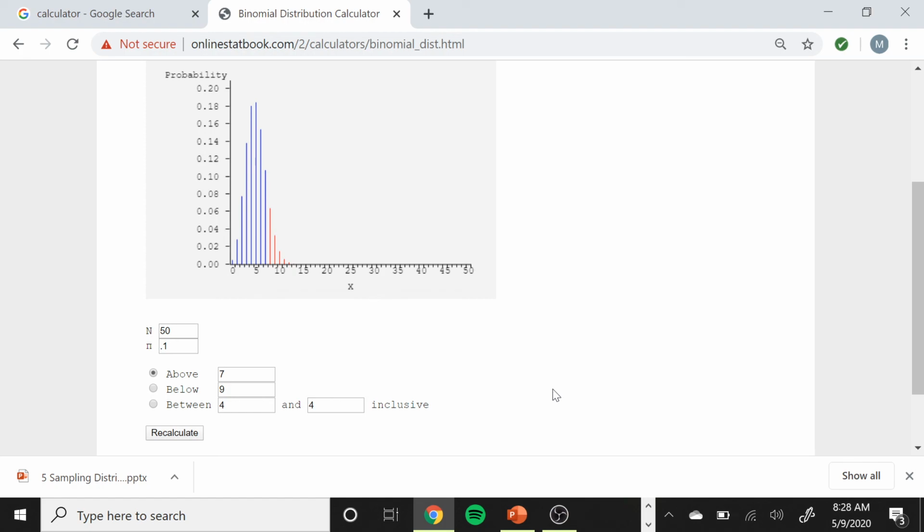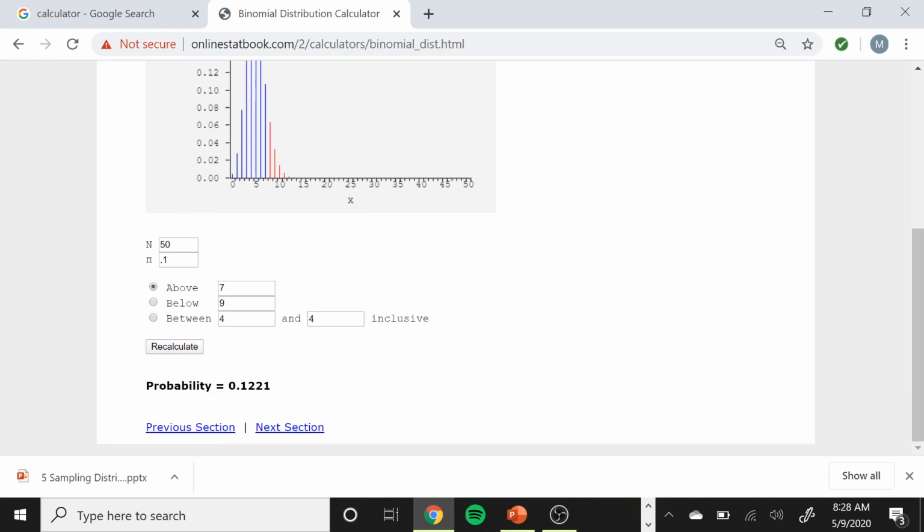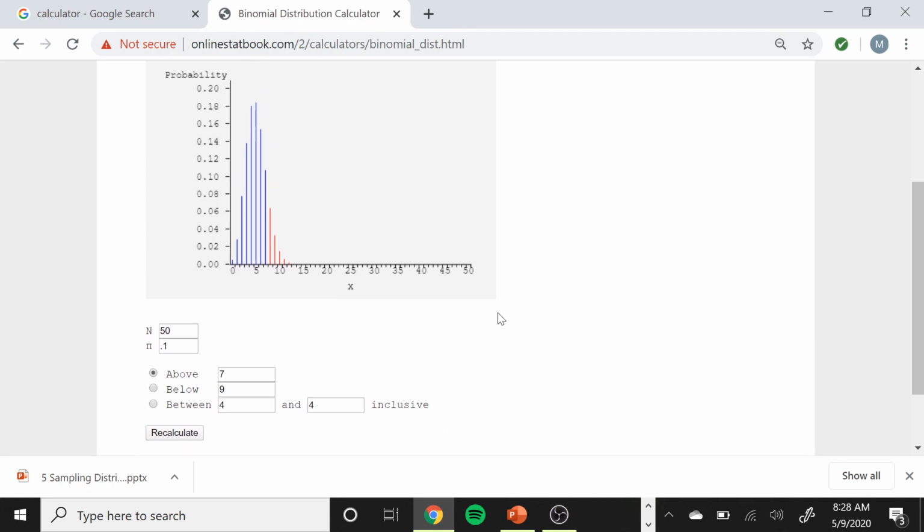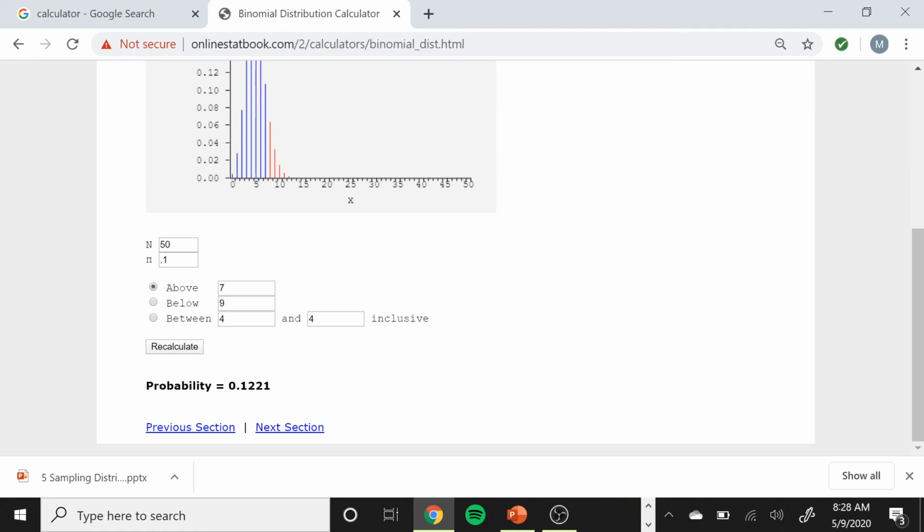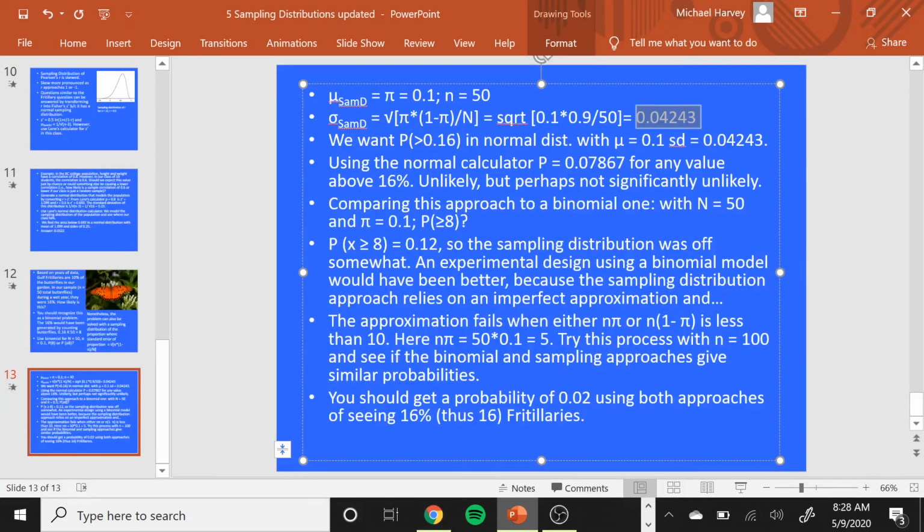Here, pi is 0.1, and 0.1 times 50 is 5, which is less than 10. And that's why this score is so far off. If it had been a little closer, like if 0.5 or 50% were Gulf fritillaries, we probably could use this approach safely.